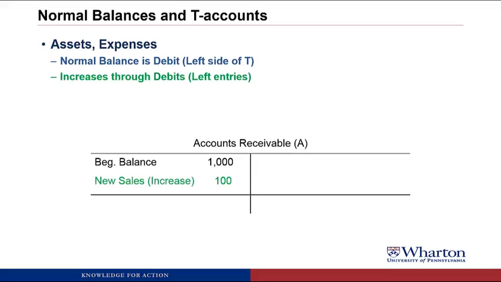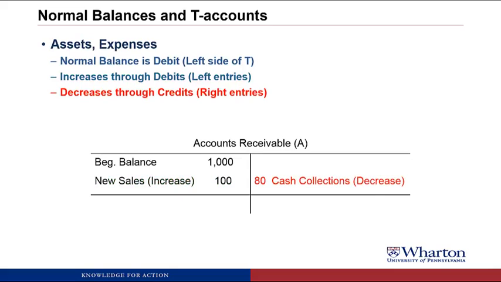Then let's say during the period, we make new sales of 100. New sales on account increase accounts receivable, increase the amount of cash that our customers owe us, and we're going to increase the account through a debit entry. We increase a debit account with a debit entry. Then when we collect cash from customers, it reduces accounts receivable.